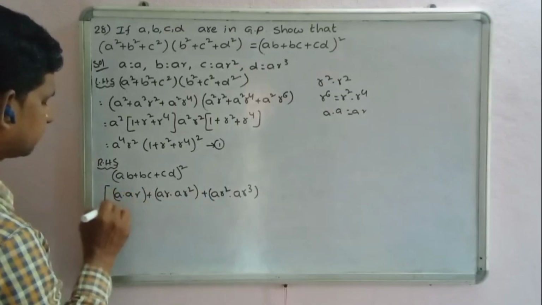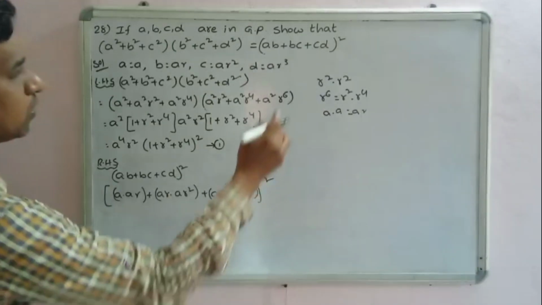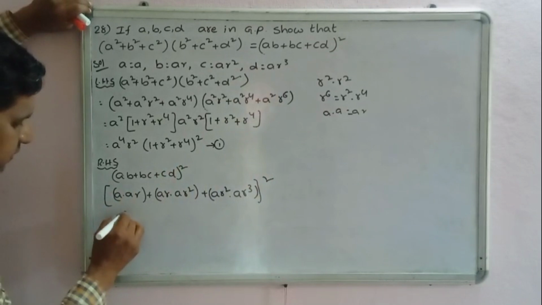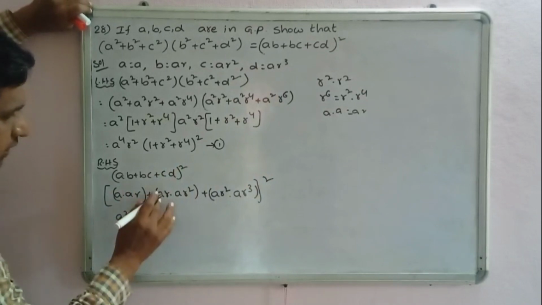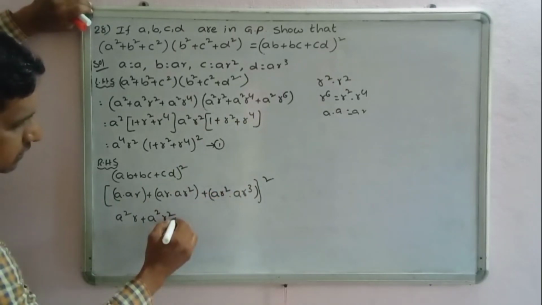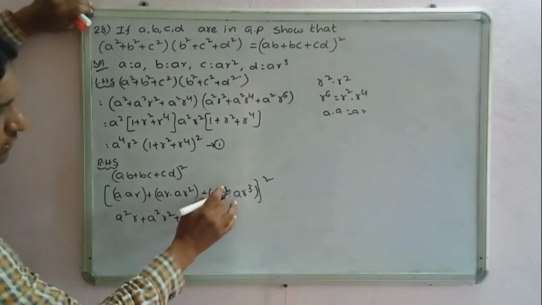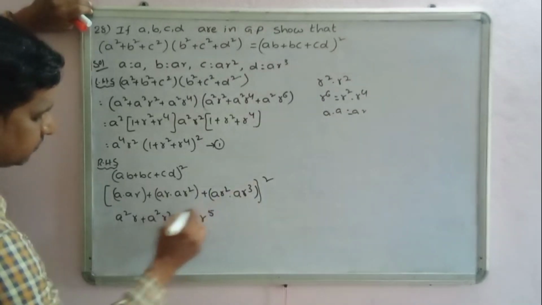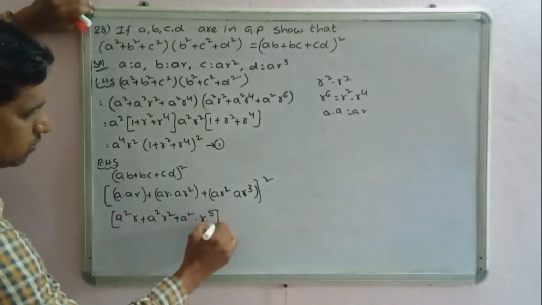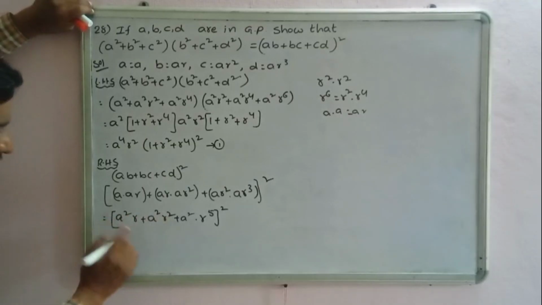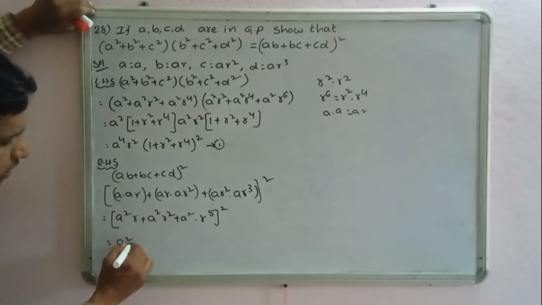Whole power 3, whole power 2. Okay. Now see, a times a is a square r, plus a times a is a square r square. A times a is a square; this is r power a power m into a power m plus 1, that means r power 5, whole square. Observe that in this a square is the common, also r is common.